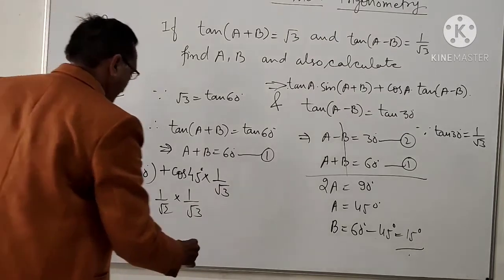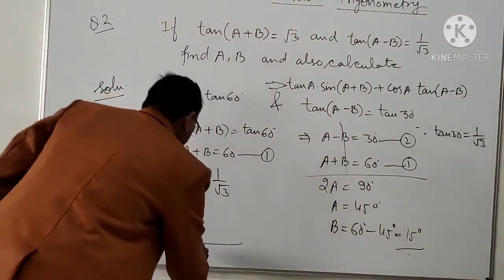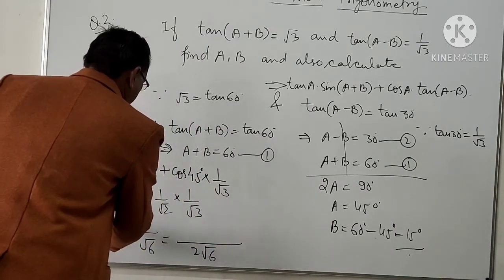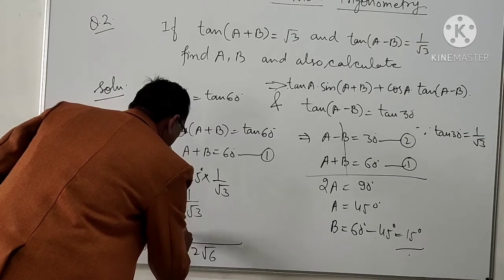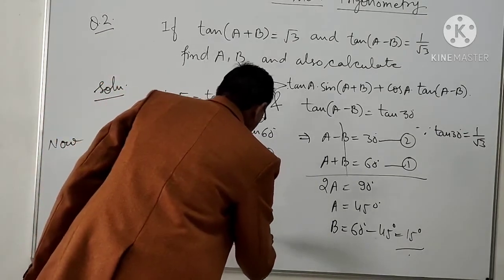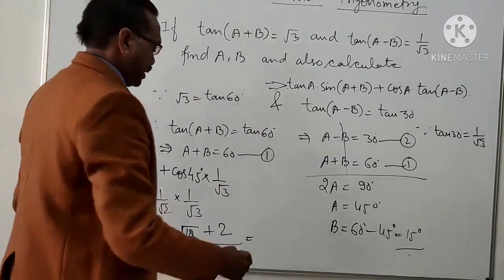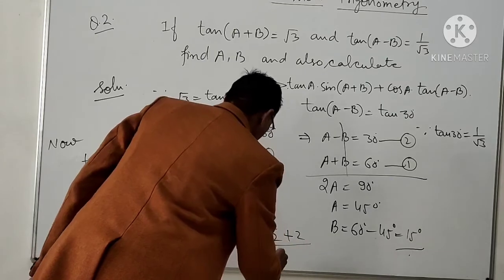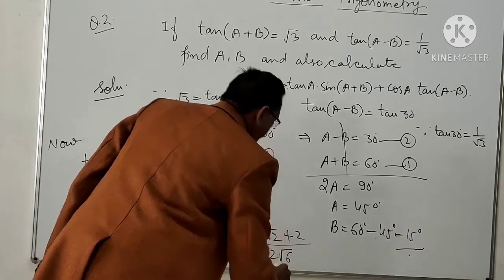Now we will take the LCM. LCM is 2 root 6. Then 3 into 6 is 18, it is root 18 plus 2. Here root 18 is 3 root 2, so it is 3 root 2 plus 2 upon 2 root 6.